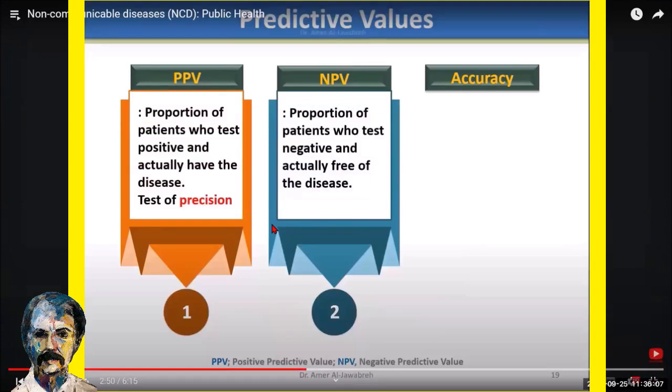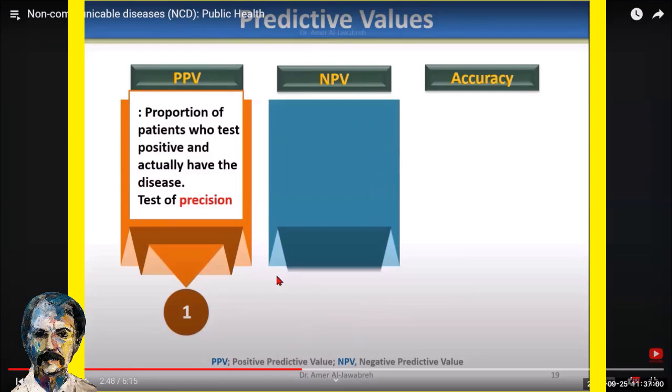Okay, what is positive predictive value? The proportion of patients who test positive and actually have the disease. In the sensitivity, just the difference, because what's your name? Muhammad. In the sensitivity, you are interested in knowing or looking at the patients who have cancer. In positive predictive value, you are interested in the group that is positive, regardless whether it has cancer or not.